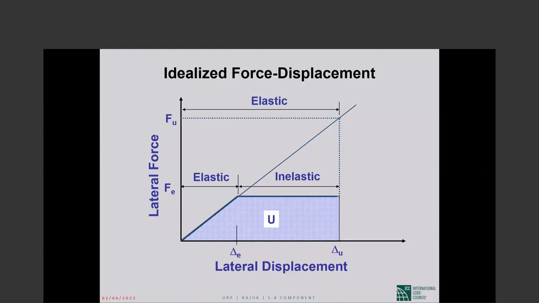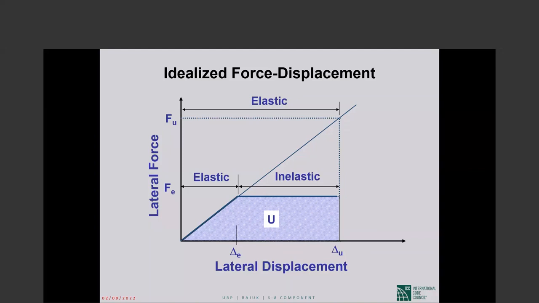The first part is design for strength. You calculate a design base shear V, which depends on the R factor, which in turn depends on the structural system you're utilizing for seismic resistance. So that is one part.